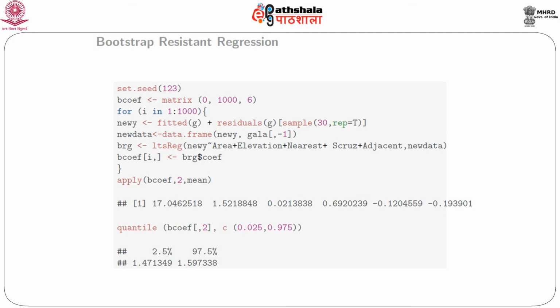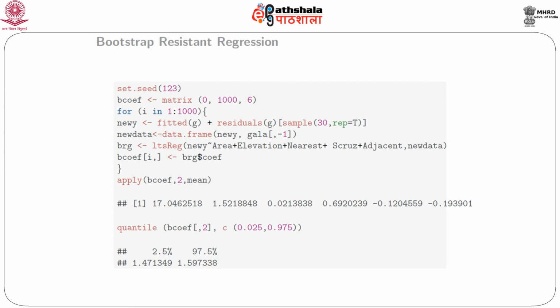That means we would be doing 1000 iterations, or taking 1000 bootstrap samples, and we initialize each cell of the matrix to be 0. So, we say Bquef is a matrix with 0, 1000, 6, and then we use the for loop saying that for i in 1 to 1000 we need to perform a certain set of things.